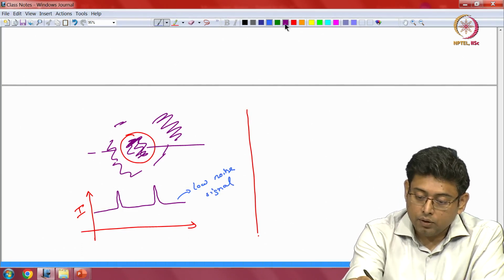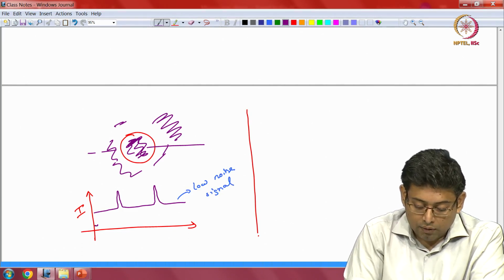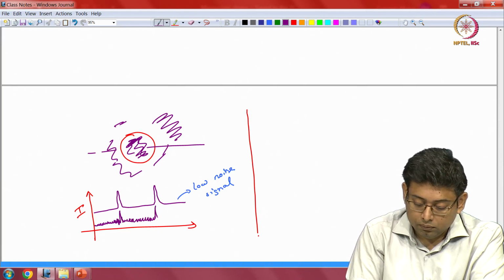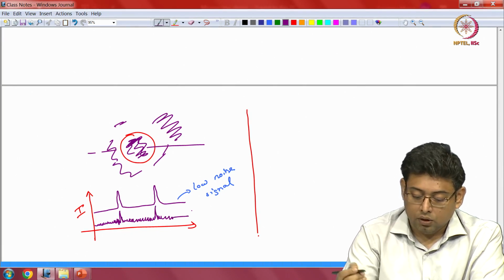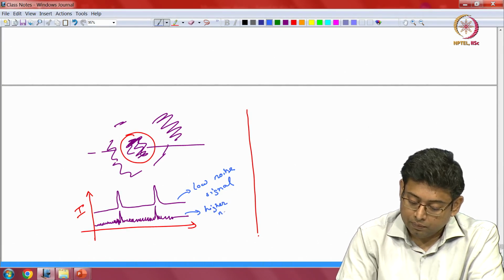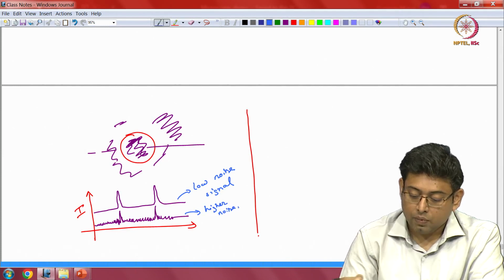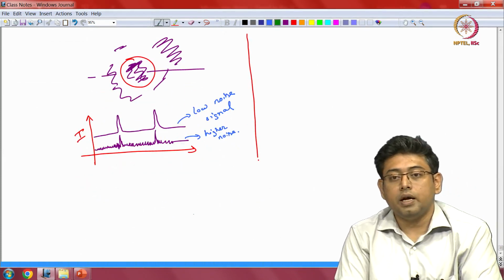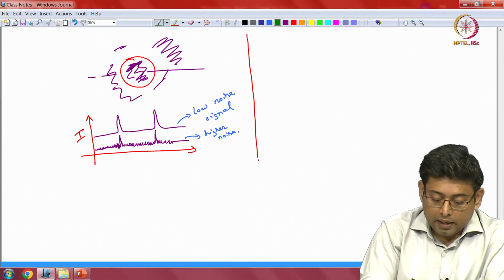And in another case, if you have a lot of noise, you can have a situation like this, something of this sort, right. So, this is a higher noise case. In both the cases, now your problem, if you are trying to detect the center, is to locate the edge.